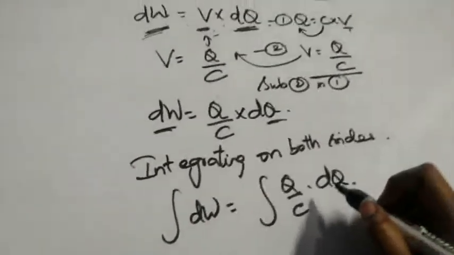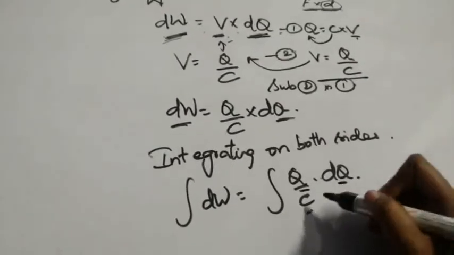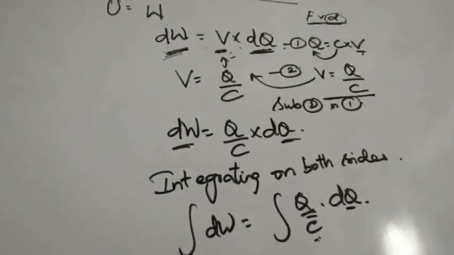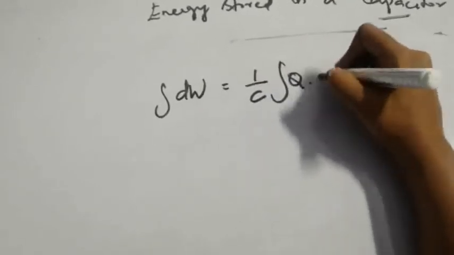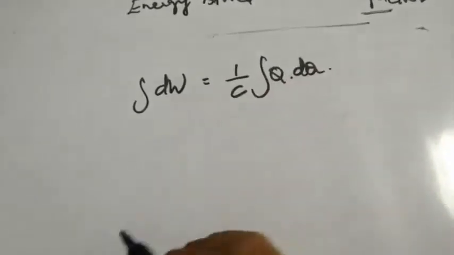As you can see, only Q is differentiable and C is constant, so you can take the C outside of the integration. Integral dW is equal to 1 by C integral Q into dQ. I have taken the C out of the integration as it is a constant. Only the Q is differentiable.